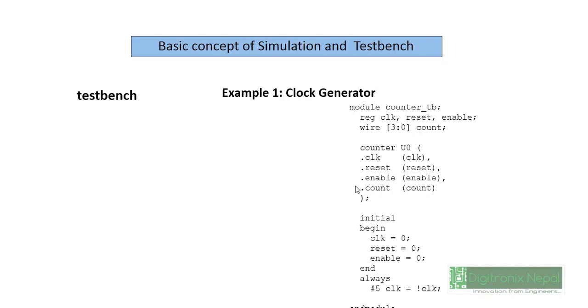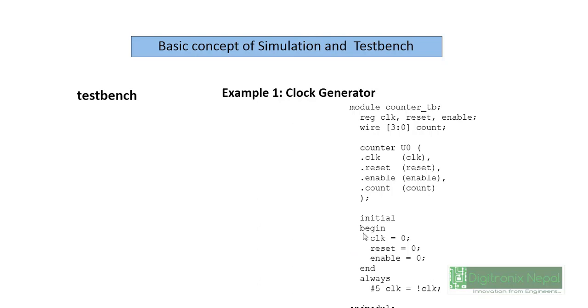Actually this segment is also called the device under test. This is the main module of the counter, or component of the counter. This counter is simulated by this Testbench. Here clock is mapped with clock, reset of the counter is mapped with this reset, enable is mapped with this enable, count is mapped with this wire count, and finally the counter DUT has been closed here.